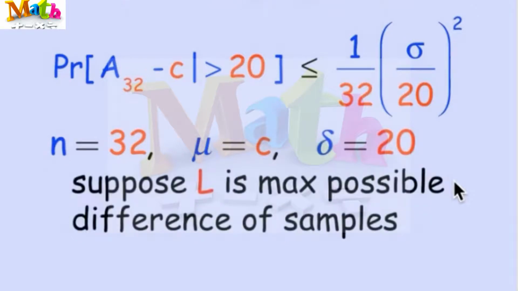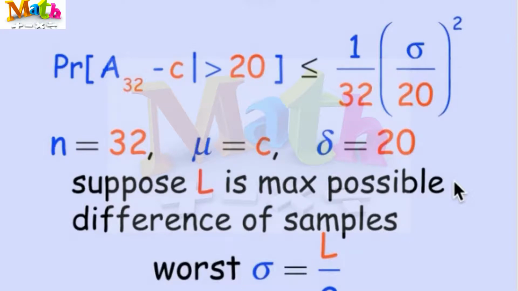So if we say that L is the maximum possible difference that we'll ever measure among samples, then in fact you can say that the worst possible standard deviation when your random variable is ranging over an interval L is L over 2. You can check that algebraically, but for now let's just take that as a fact.